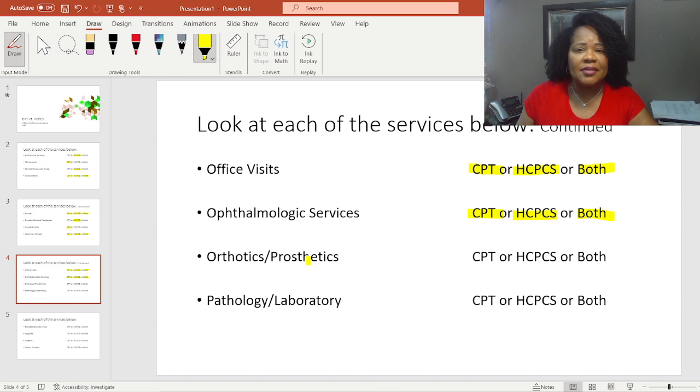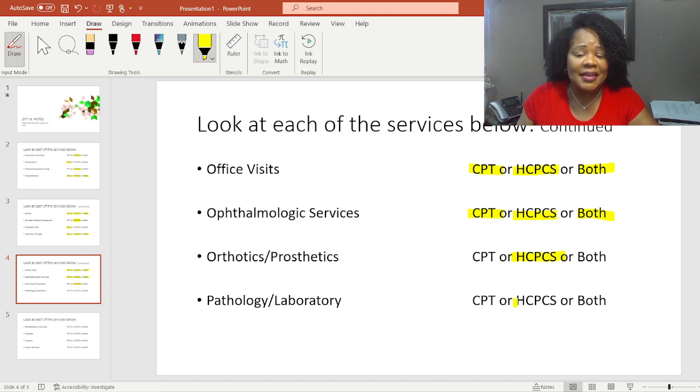Orthotics and prosthetics, artificial limbs, the knee replacements, the shoulder replacements, those are a supply. Those are HCPCS codes. Look at pathology and lab. The best way that we think of pathology and lab, we're thinking about body fluids that are sent to the lab.